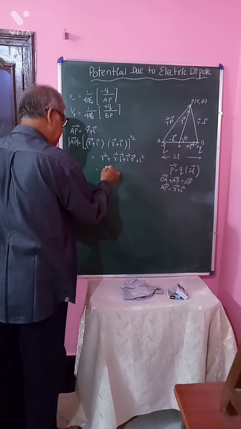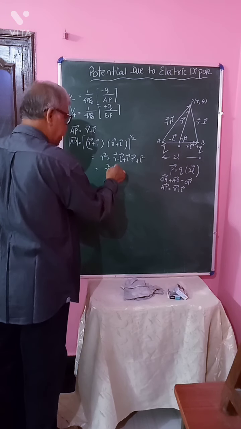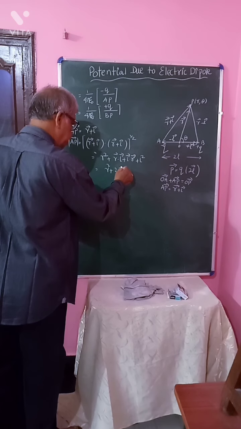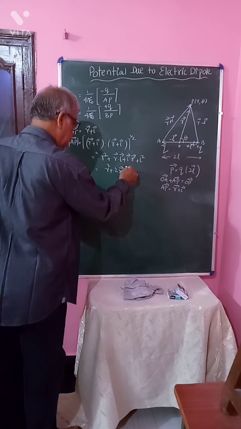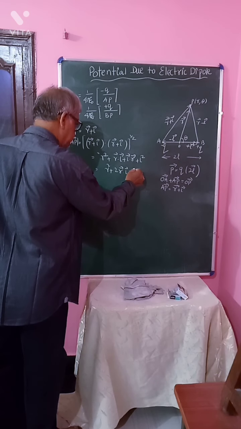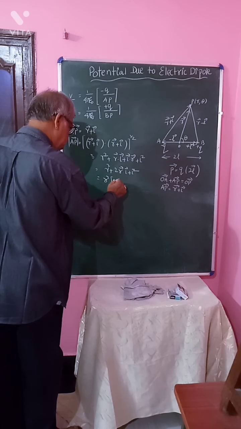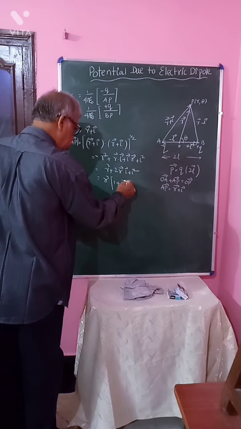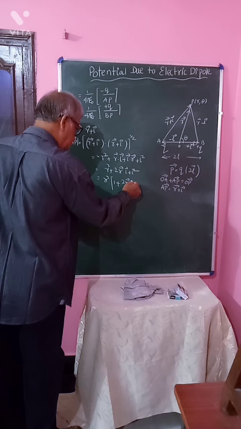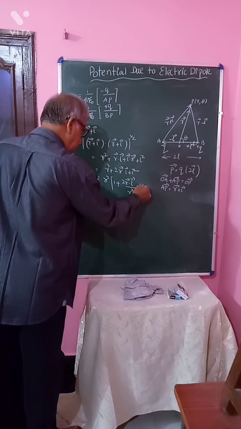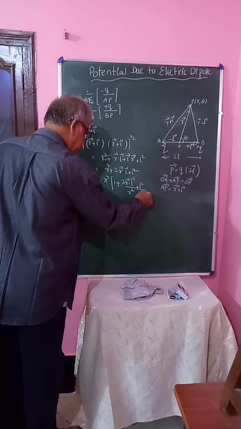Since r dot L is the same as L dot r, we get r square plus 2 r dot L plus L square. Taking r square common, we have 1 plus 2 r dot L by r square plus L square by r square.